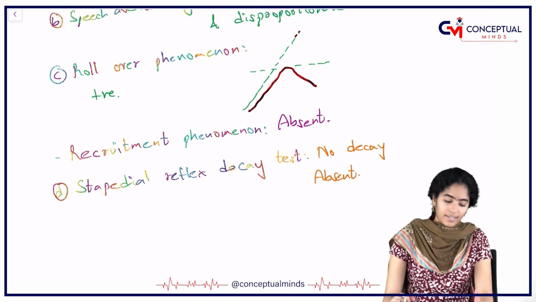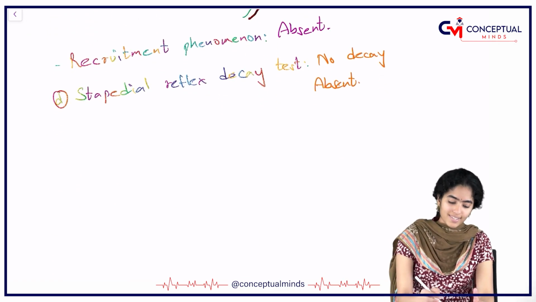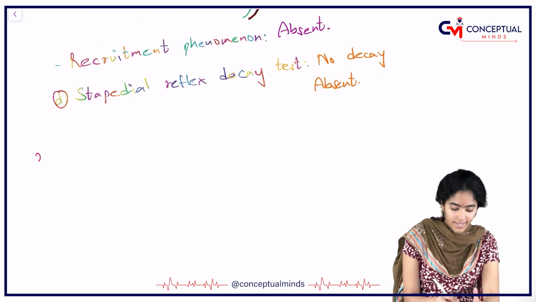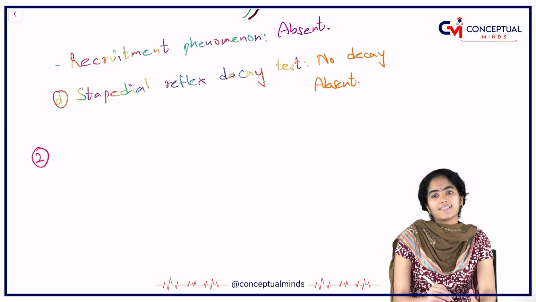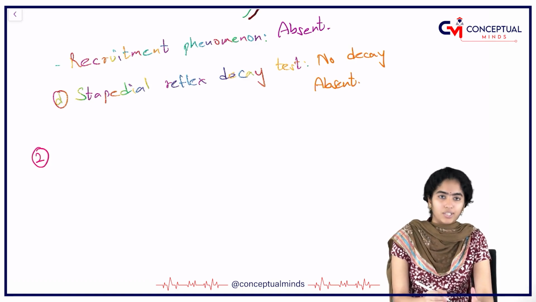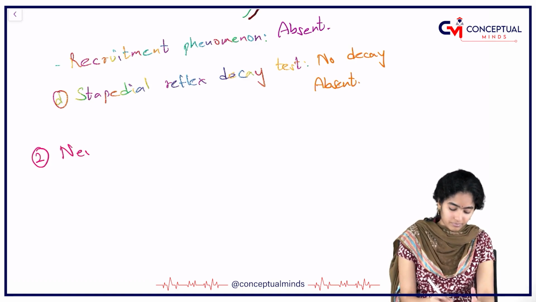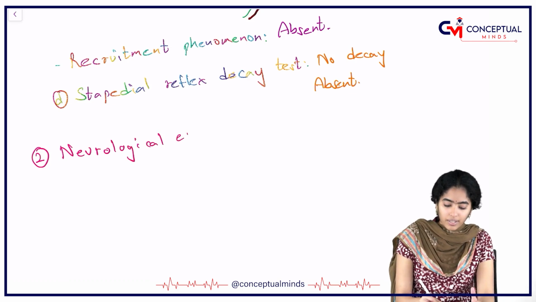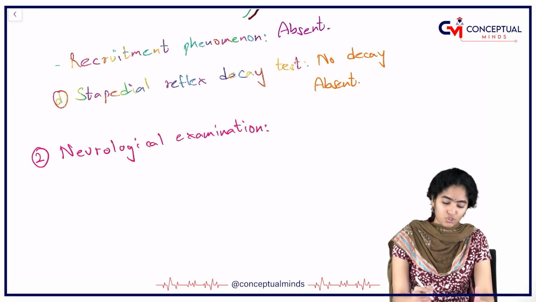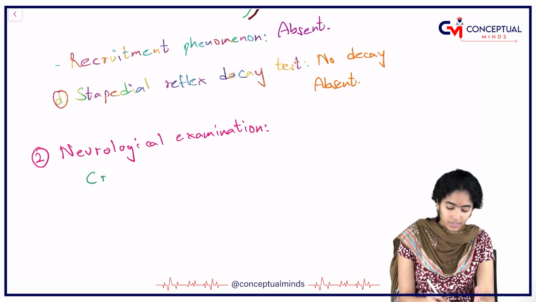Okay. Next, these are the audiological tests. After audiological tests, what we do is neurological examination. In neurological examination, we test for cranial nerves.